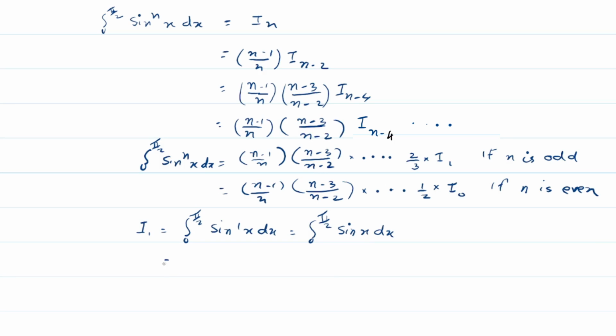Integral of sine x equals minus cos x between 0 to pi by 2. So cos pi by 2 is 0, cos 0 is 1. So 0 minus 1, that is equal to 1. So we got I1 equal to 1.